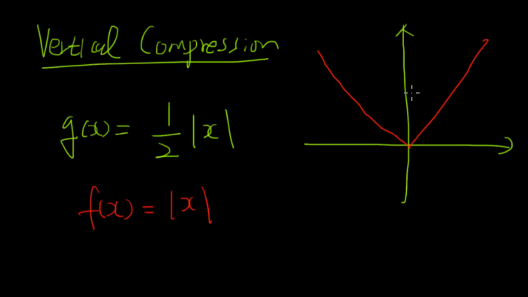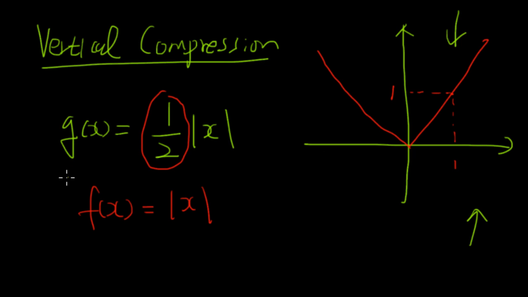Okay, and one of the reference points should be 1 and 1, right? That point right there. Now, because of this number that's been multiplied, but this number, unlike the vertical stretch, is less than 1, the original graph is going to be vertically compressed.